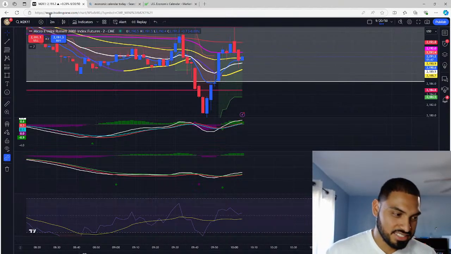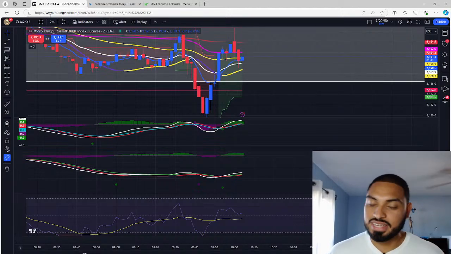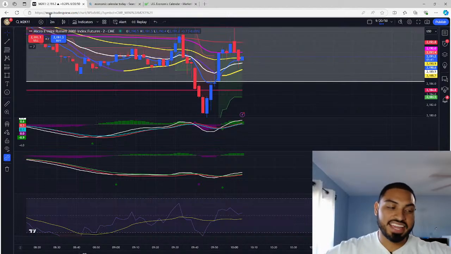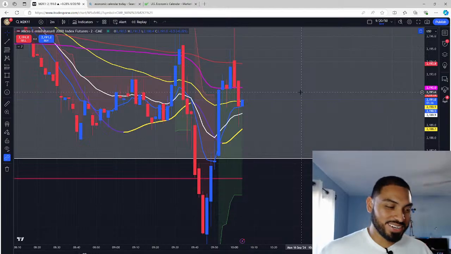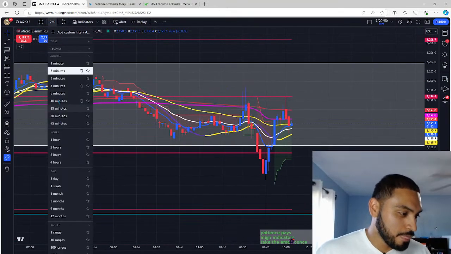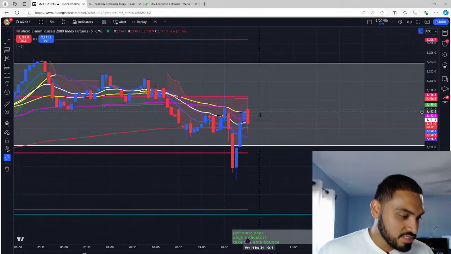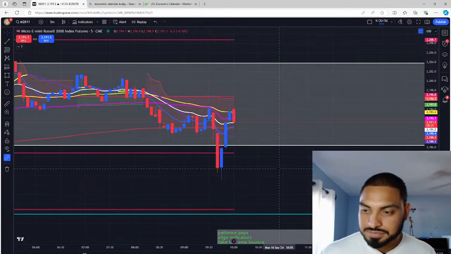I can't marry the bias I have to the downside. I'm not even gonna front, my bias is like we need to go short. Literally my bias is we need to go short. But I can't marry that. Let's keep on zooming in on the 5.